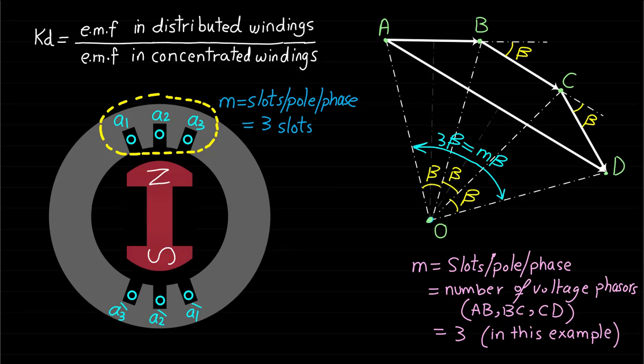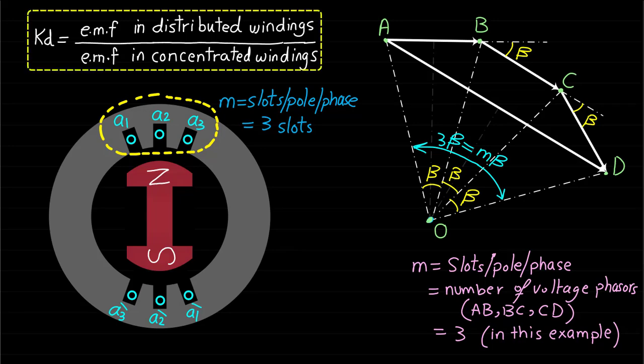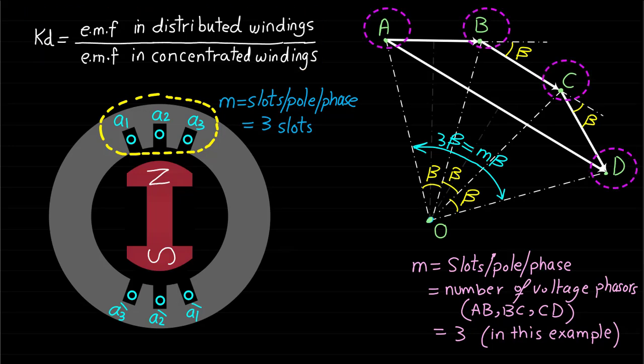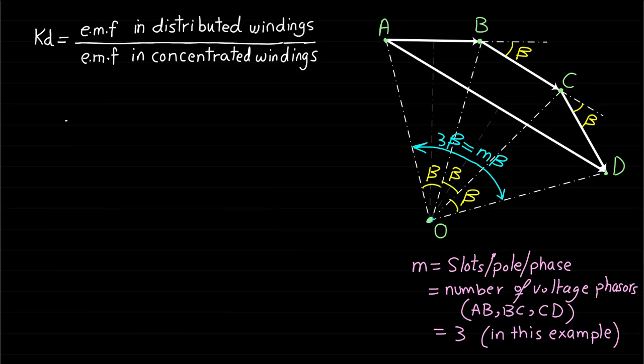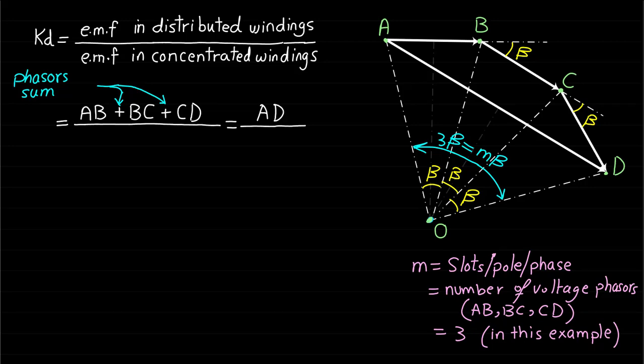Now let's represent the numerator and denominator of Kd based on the phasors AB, BC, CD, and AD. The numerator of Kd, which represents the EMF induced in the distributed windings, can be represented by the sum of the 3 voltage phasors AB, BC, and CD, and equals the phasor AD.